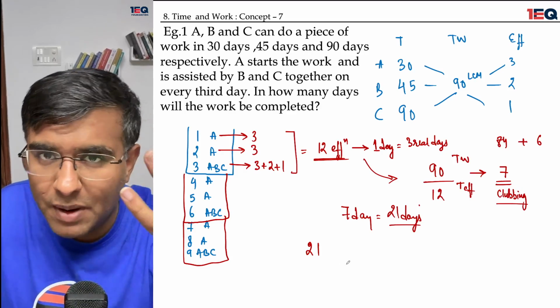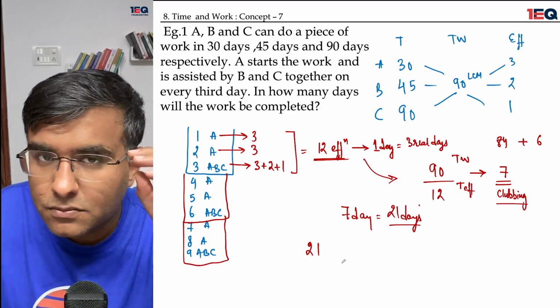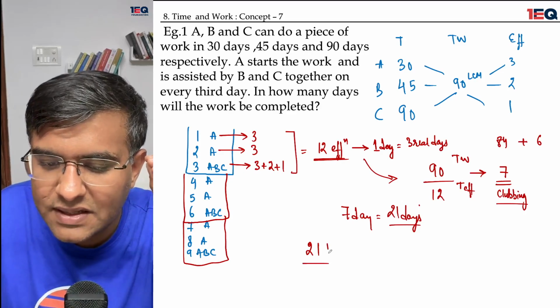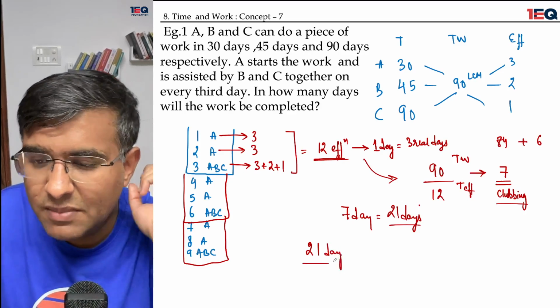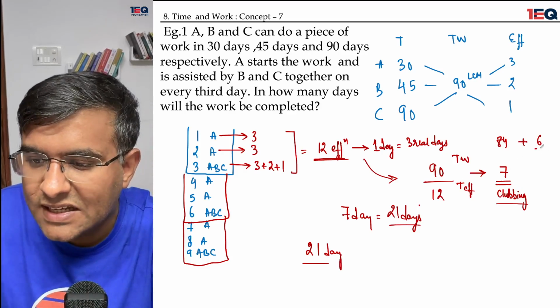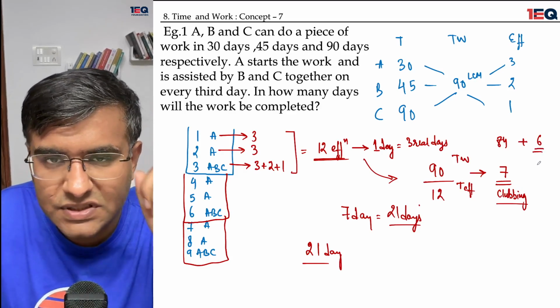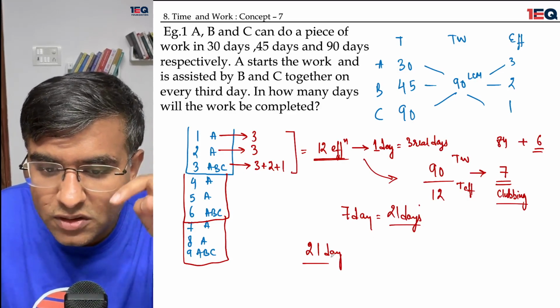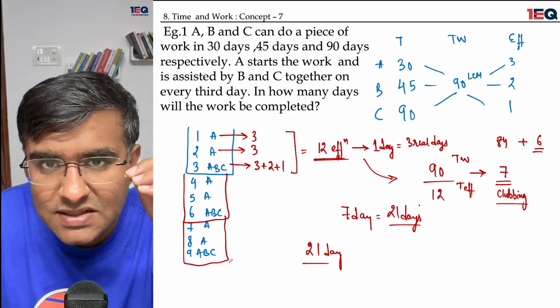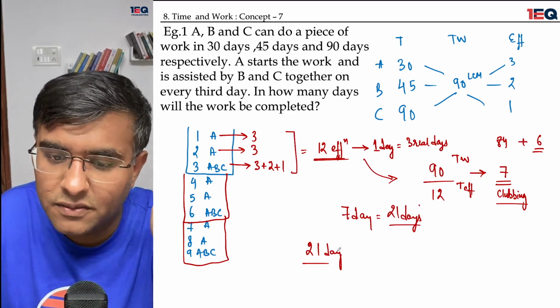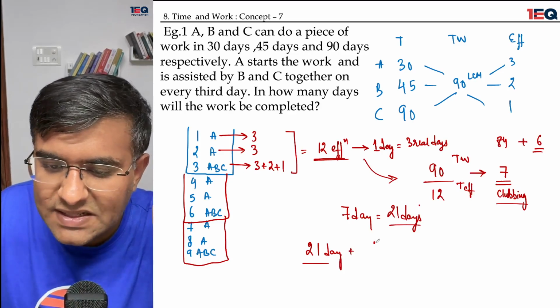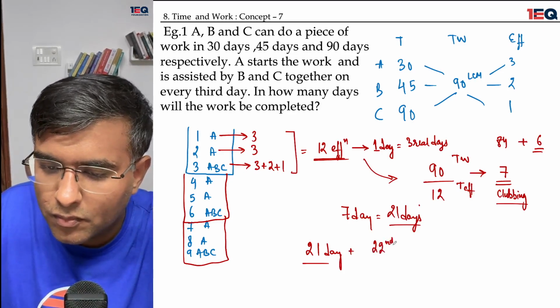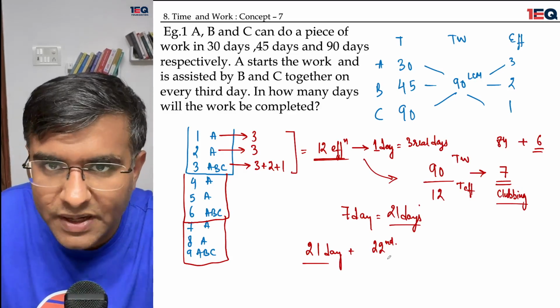I will bring it back. I'll show you how. 21 days is my first answer, which is in my back pocket. Now, 6 units of work are left, and on the 21st day, A, B, and C had already done their work. On the 22nd day, the series is going to repeat itself.